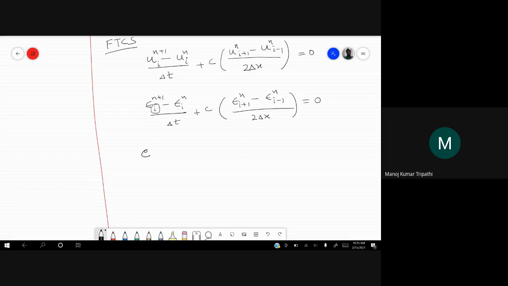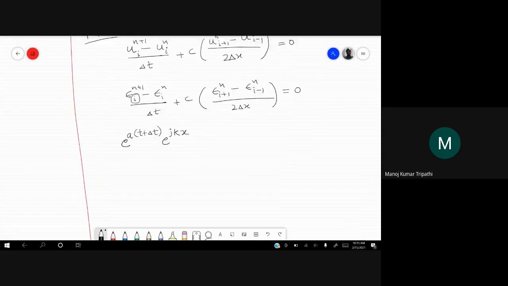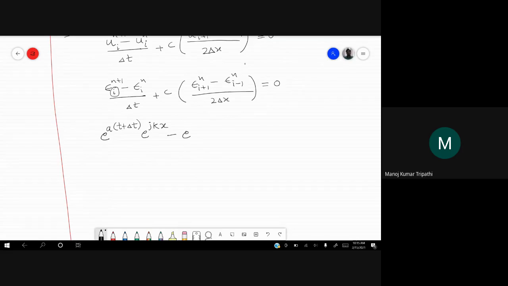So e raised to the power at, this becomes at plus delta t because it is at n plus 1th time step, which corresponds to time t plus delta t. And e raised to the power j k, which is km you can call, or simply k, and x minus e raised to the power at e raised to the power j kx. So instead of iota, which is the imaginary number square root of minus 1, we are writing j.